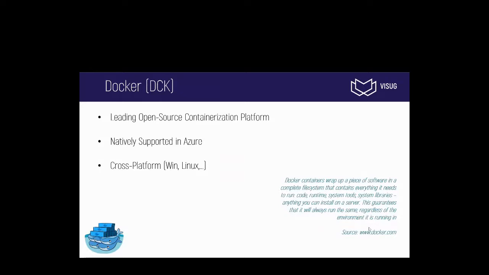From there, it's natively supported in Azure. So all the services that I'll briefly touch on, and I'll walk you through in some other demos, are natively supported in Azure, which also means that you don't need to change anything to the container to make it run on Azure. Outside of Azure itself, obviously, containers are multi-platform ready.